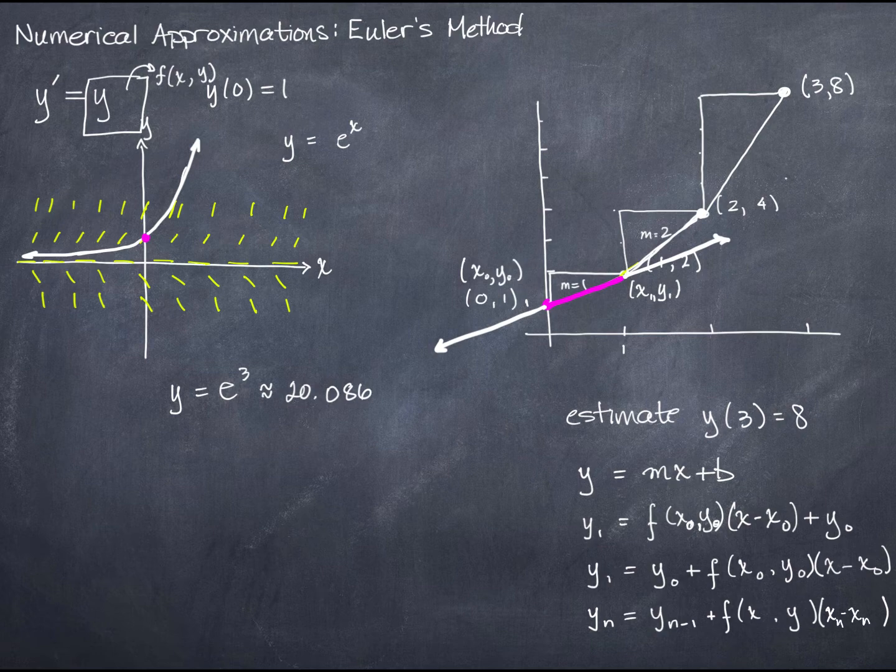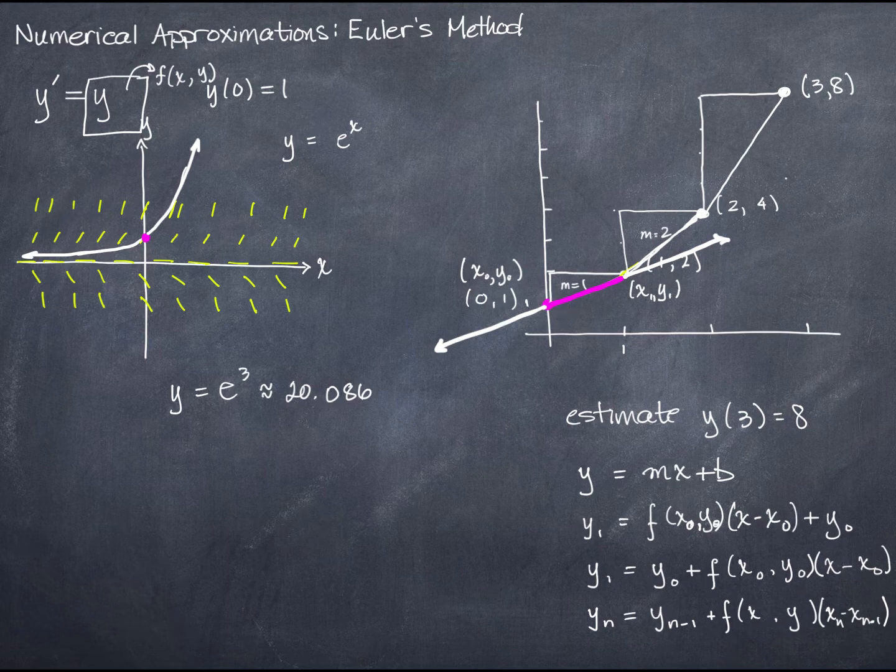Minus the one before that. It's an n minus 1 there. And the slope that I'm using, this function of x and y, is the one associated with the old point, right? I'm looking for a new y value, and the only way to get there is to go in the direction that the curve's tangent line tells me to go at the old point.